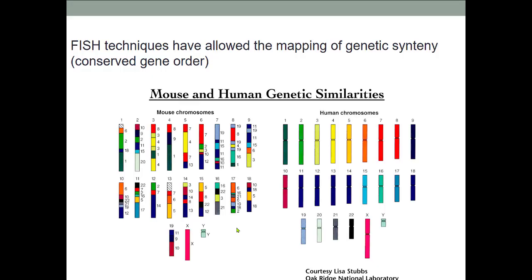So for instance, we can see here chromosome 1 is shaded in this dark green color. A significant chunk of the mouse chromosome 1 is also dark green. You see this large block that's basically conserved sequence from our chromosome 1. Similarly over here, mouse chromosome 12 contains a large block of DNA that maps to our chromosome 14.